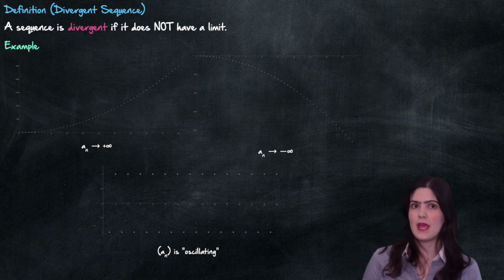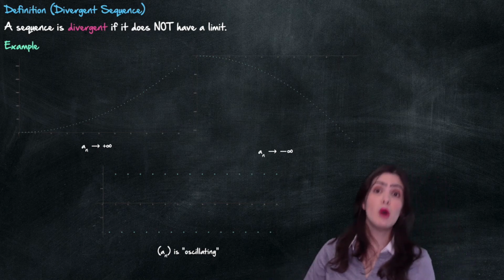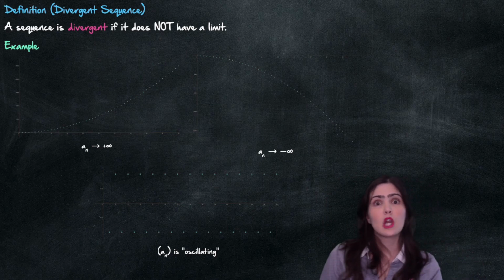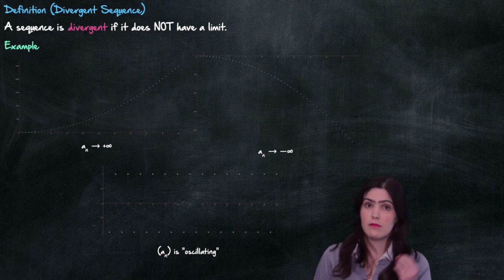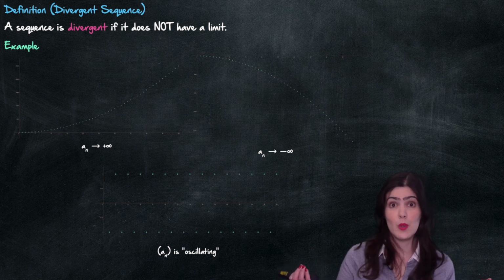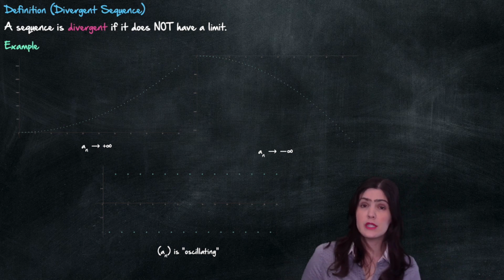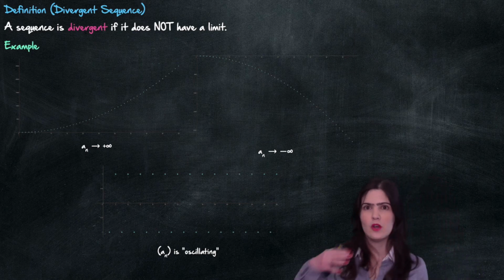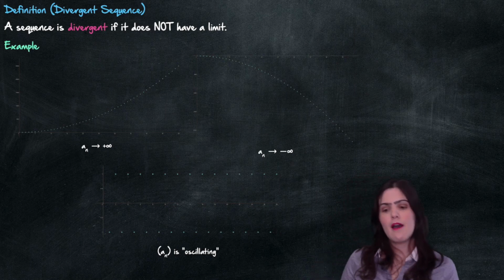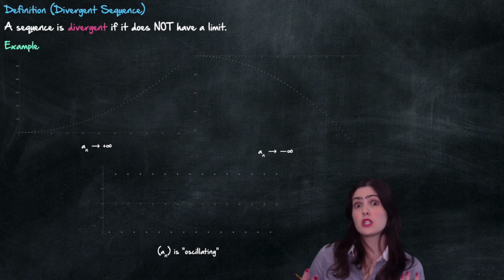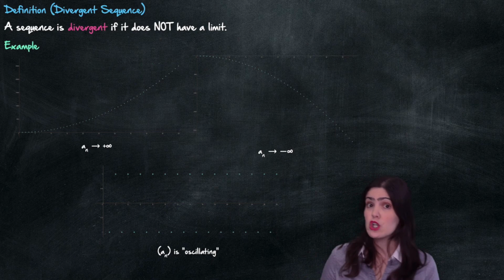And the same thing with an diverges to positive infinity. Because as I said, convergence means that you get close to a real number, and positive infinity and negative infinity are not real numbers, so we're not allowed to do that. But of course, there's another possibility, and it's that our sequence does weird things, like could be oscillating. So here we have three examples of the three main ways in which a sequence could be divergent.